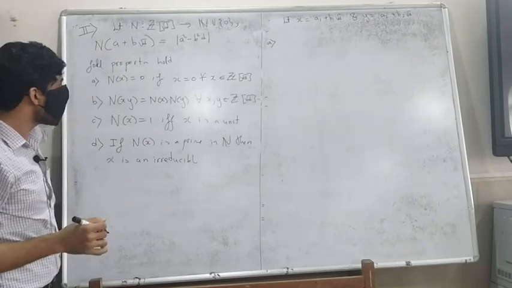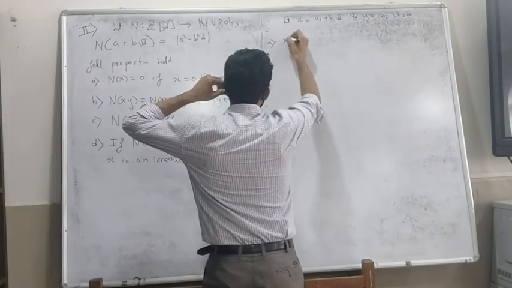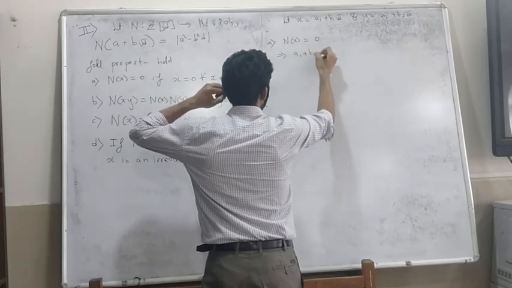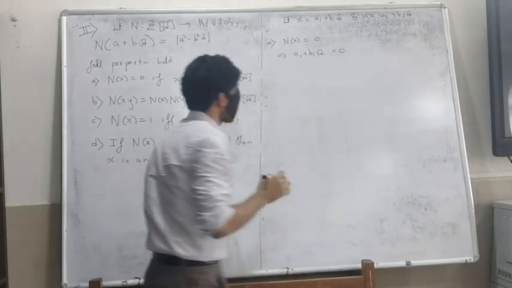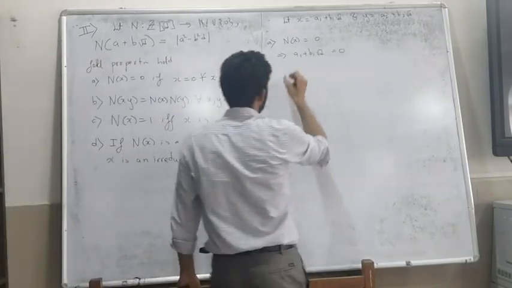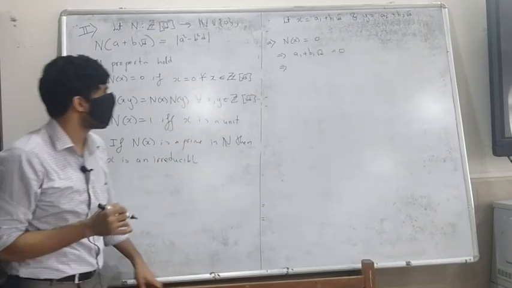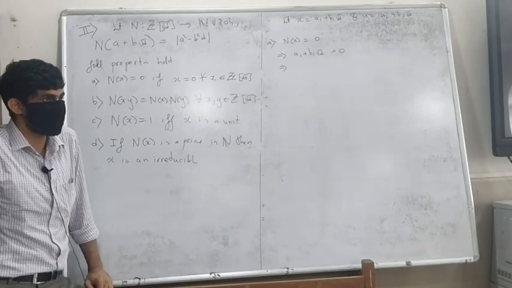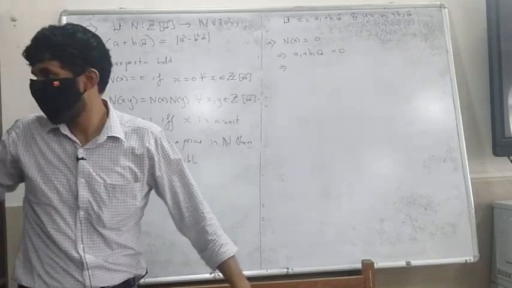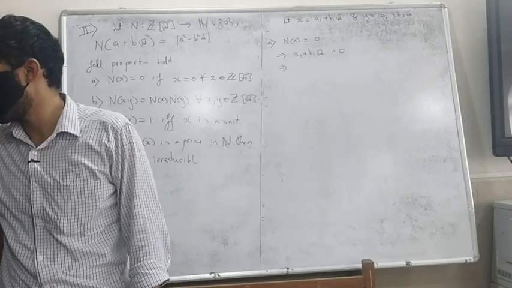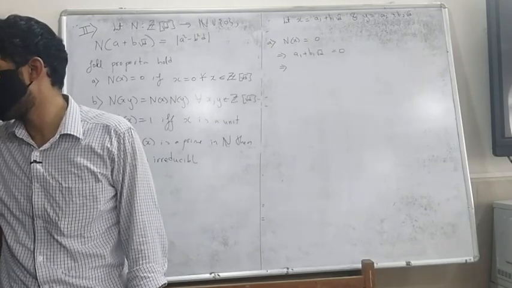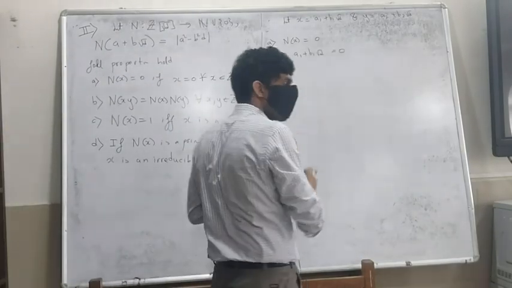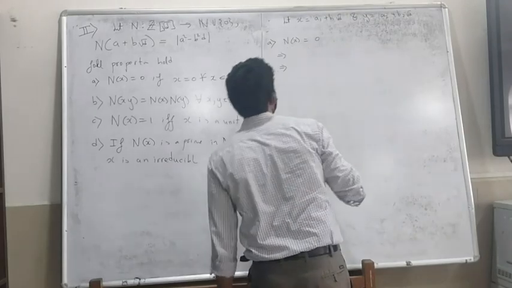So this happens means what? N of x is 0 means what? a1 plus b1 root d is 0. I'm sorry, I made a mistake. Yes, that it is 0 is easy to show anyway.